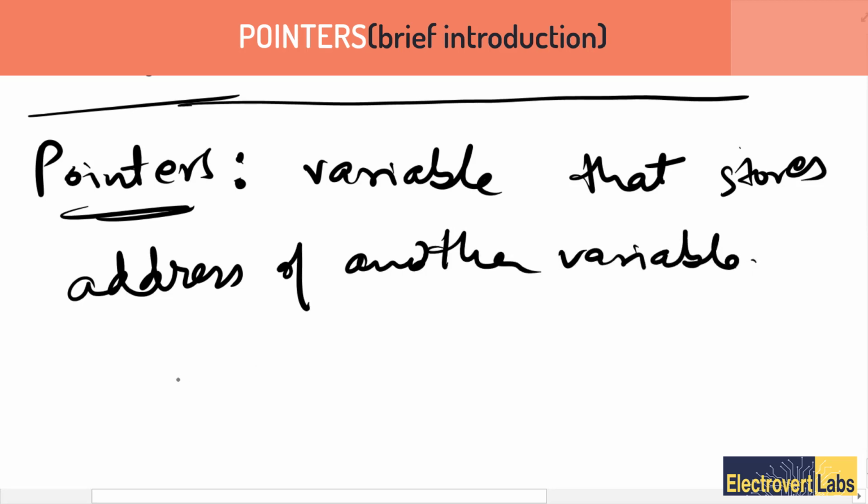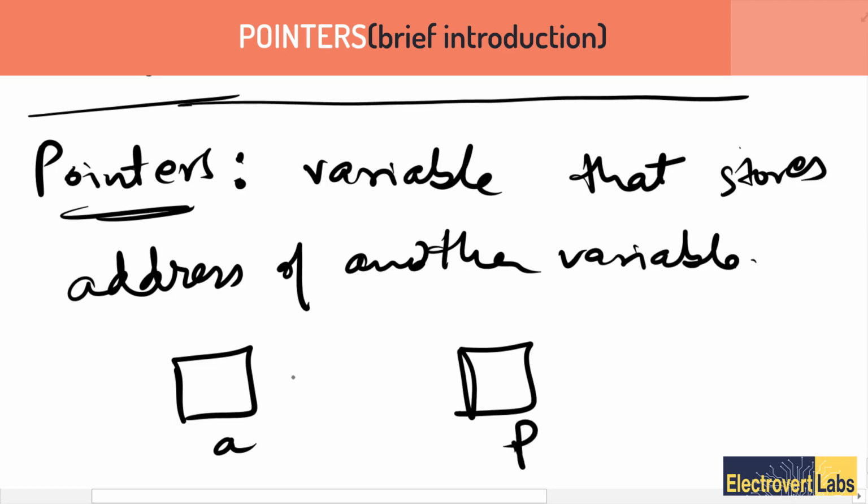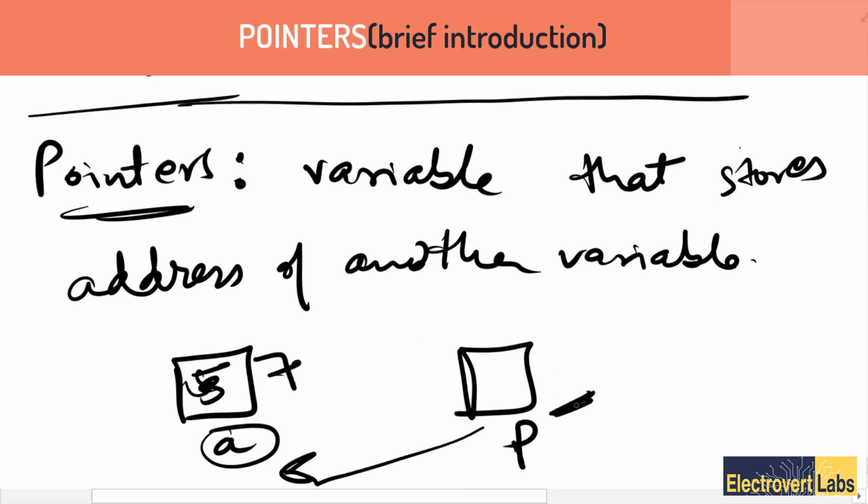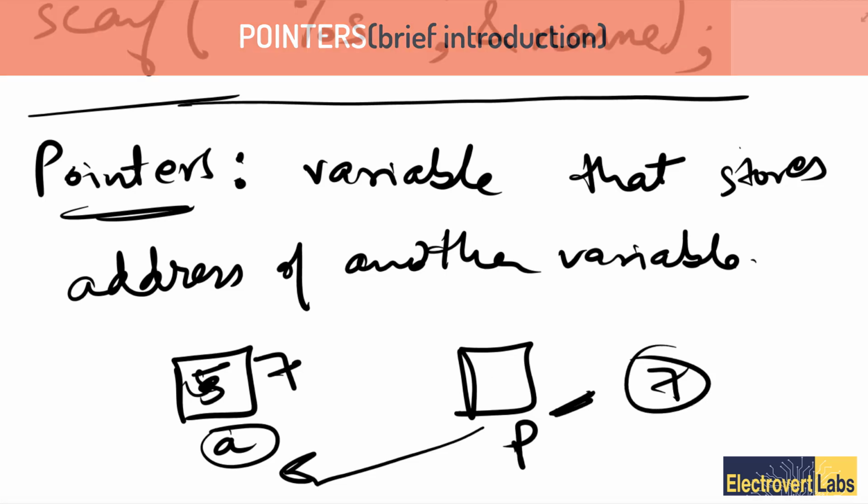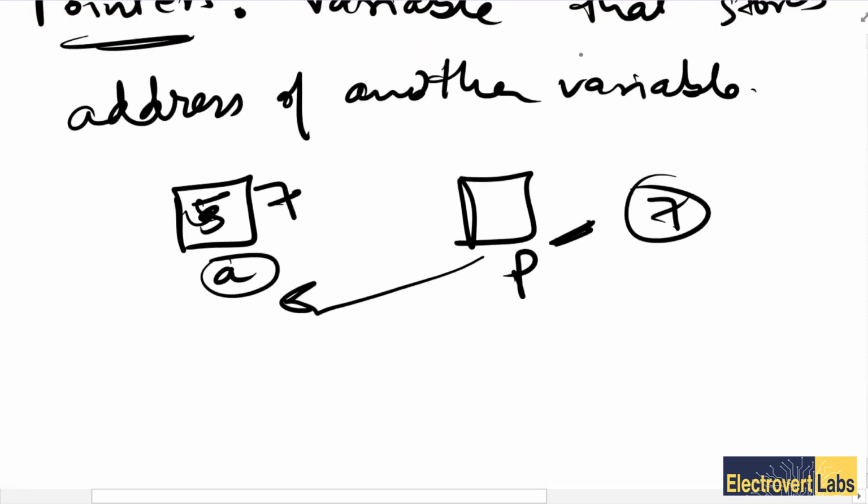For example, this is a variable a, and if this is a pointer p, so pointer p actually stores the address of a. Whatever you store in a, if you have stored 5, pointer p stores the address of a. If you make it 7 and then try to print the value of p, it will print 7 because it goes to that address, and whatever data is present at that address will be printed. It will become clear if I give you an example.